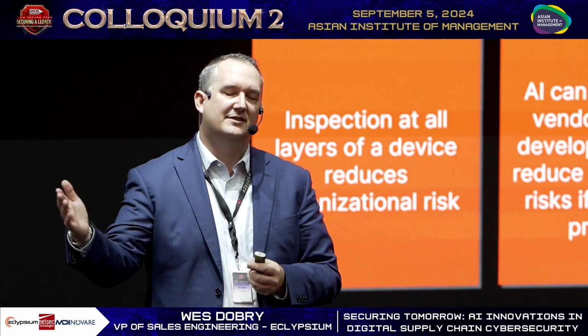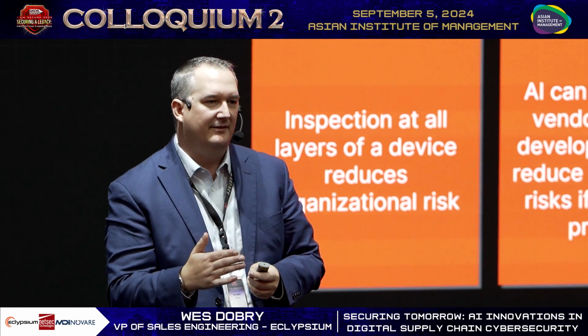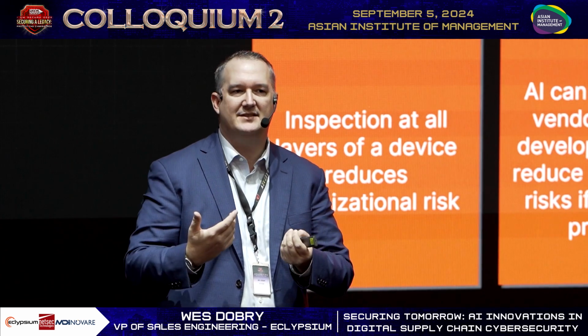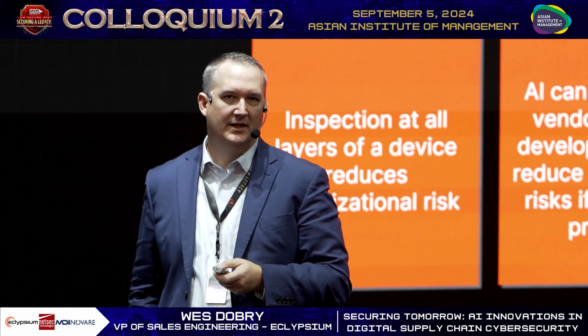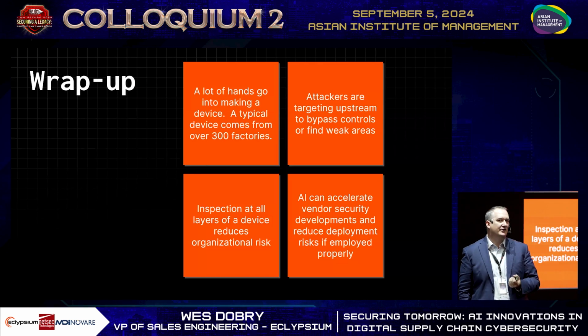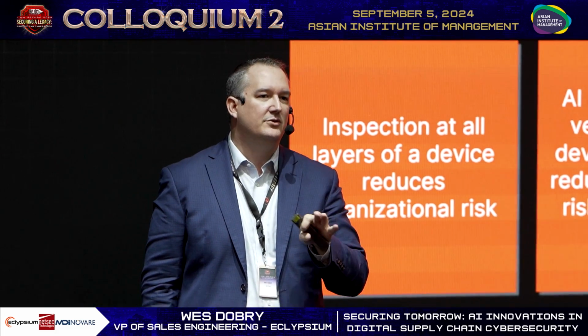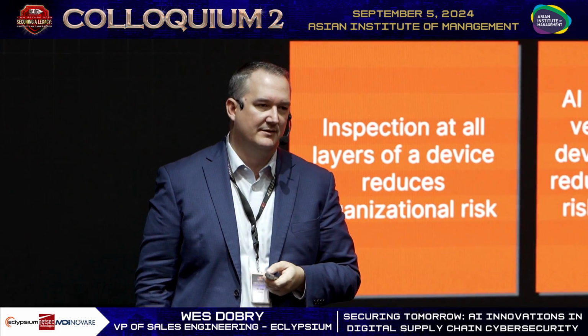And that device has now touched multiple hands even through there. And it's very easy for someone to unseal a box, modify something, and then reseal it. And when we think of attackers moving upstream to find weak spots and weak suppliers, this now gives them a ripe territory to attack to get into organizations.